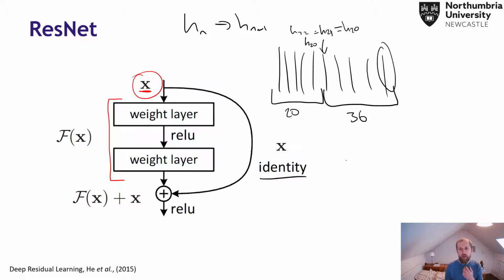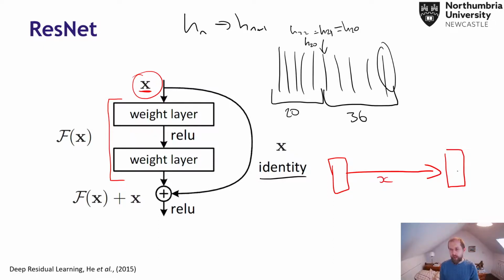And personally, I find it more intuitive to think about it not in this way, but instead to think of it more like this. So you have your input, which is just going to be from your layer, and then your output is going to be exactly the same. So you're just sending x to itself, and nothing has changed there.